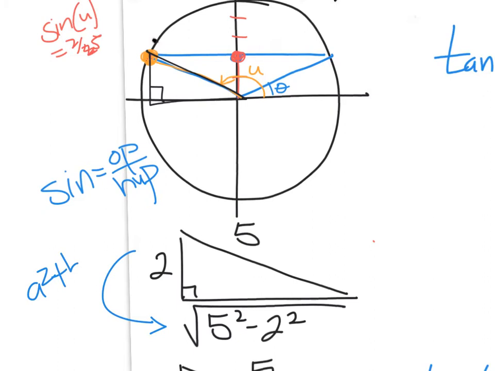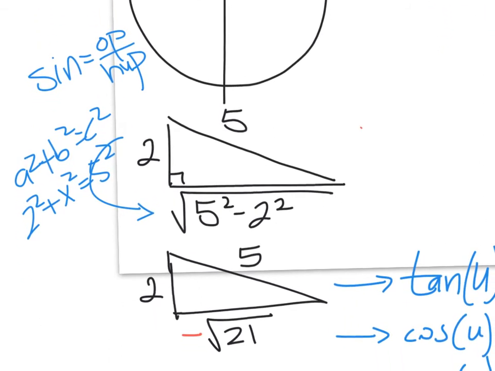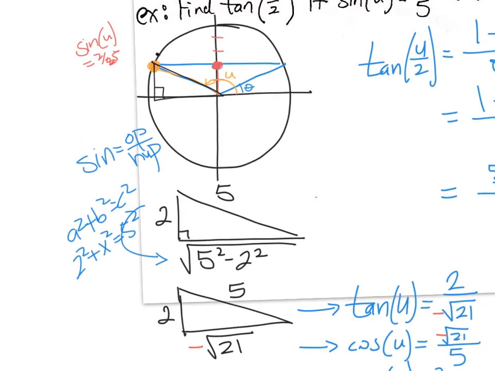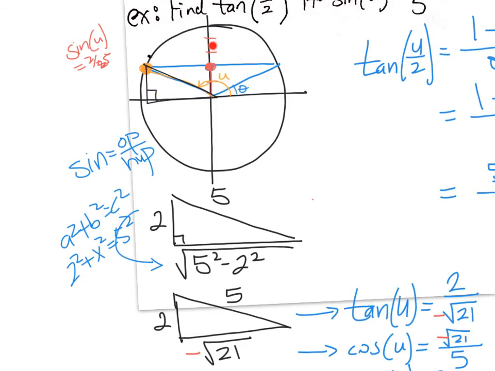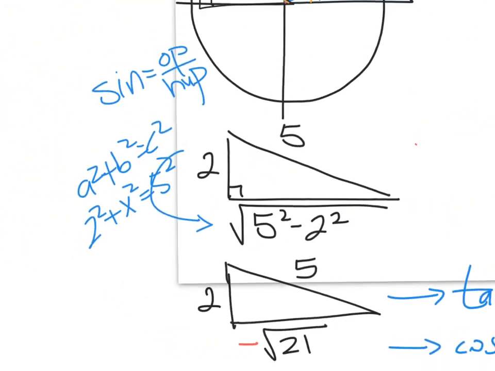So a squared plus b squared equals c squared, meaning 2 squared plus, let's call that x squared, equals 5 squared. So that's how I figured out that the length of this side would be square root 21. Now, because we're thinking about this in terms of the unit circle, we know that for sine this is positive, cosine this is positive, cosine this is negative.